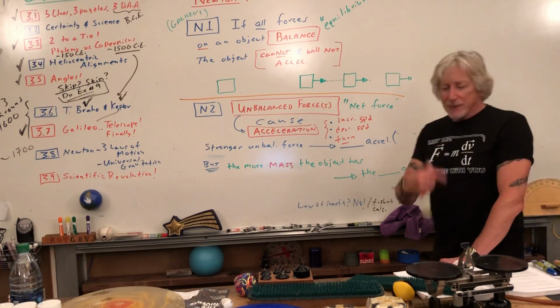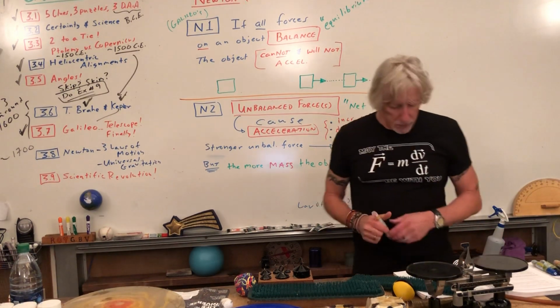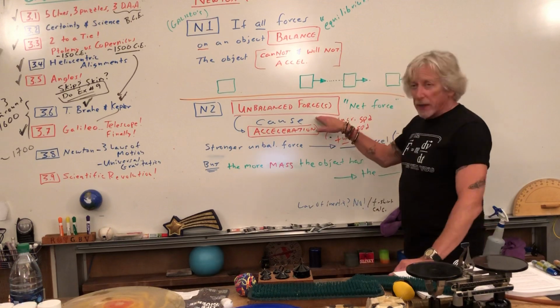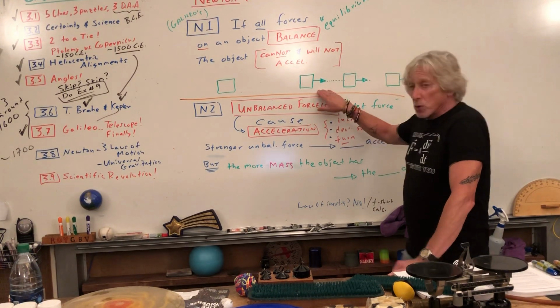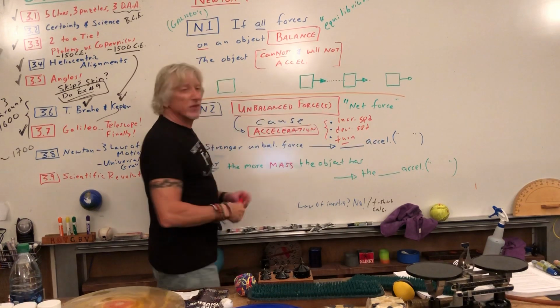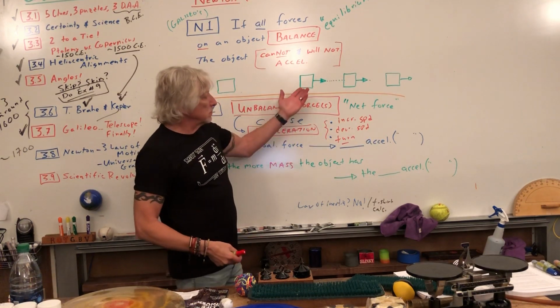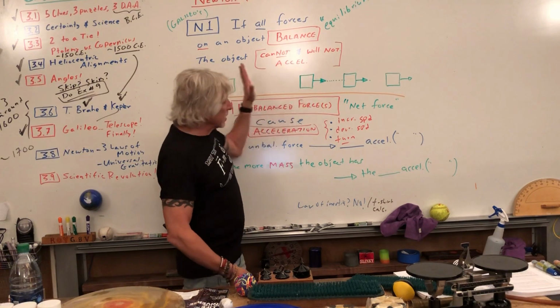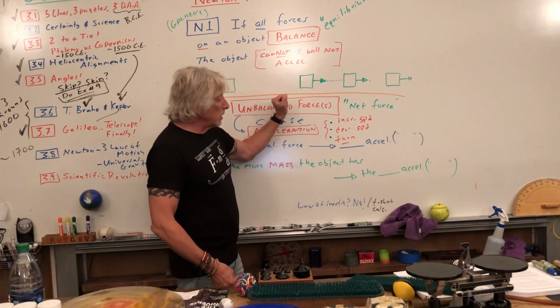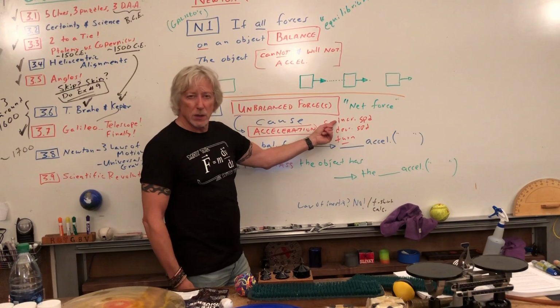Okay. Now let me say this a little bit. If the unbalanced force is in the direction that something is moving, what do you think will happen? Something on a skateboard. If the unbalanced force is this way, of course it'll increase speed.